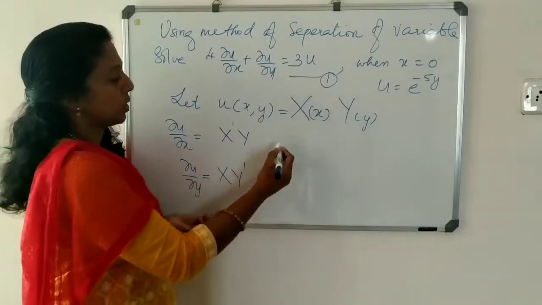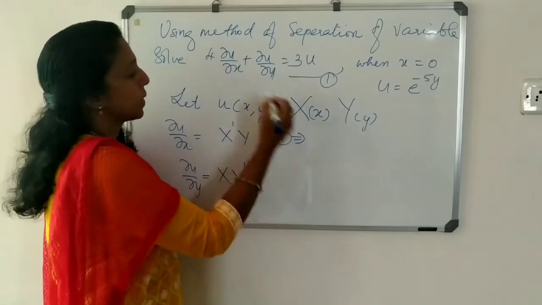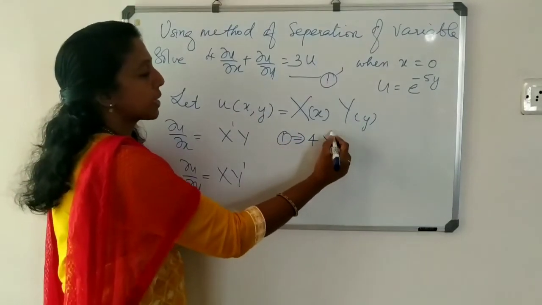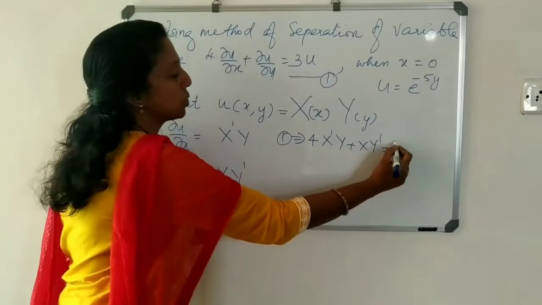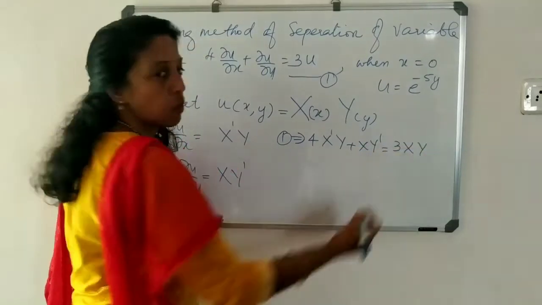Now substitute here. Then what happens to our equation 1? It becomes 4 X'Y + XY' = 3XY.